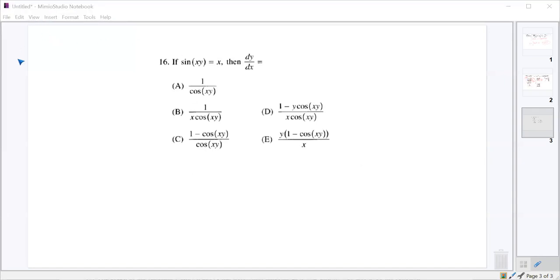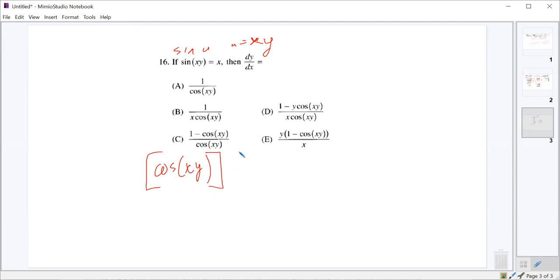We are looking for dy dx of sine xy equals x. So we'll have to do that implicitly. So the derivative of sine xy, that's sine of u with u equal to xy. So it should become cosine of u times the derivative of u, so the derivative of xy, which you have to use the product rule for. So x times derivative of y plus y times derivative of x, which is just 1, and then equals 1 on the other side.